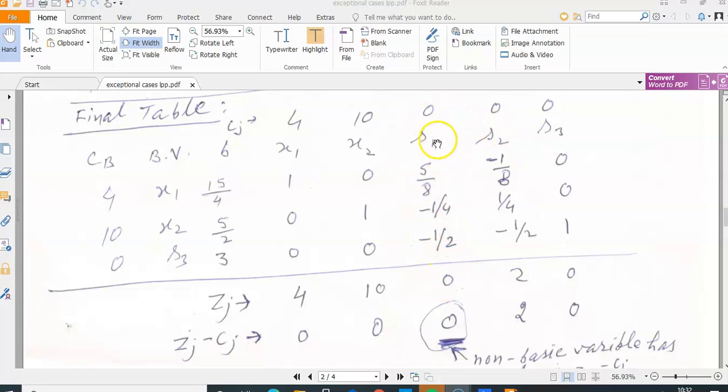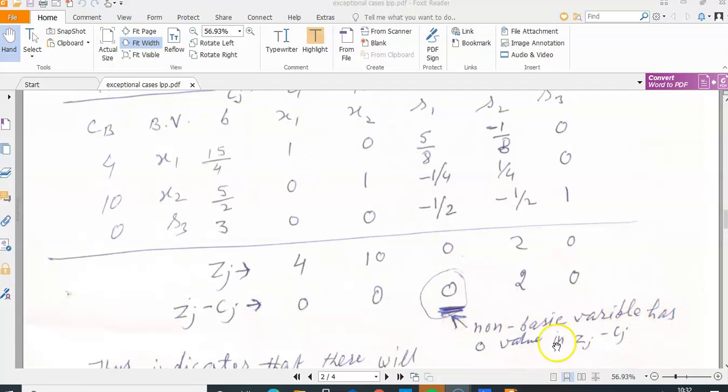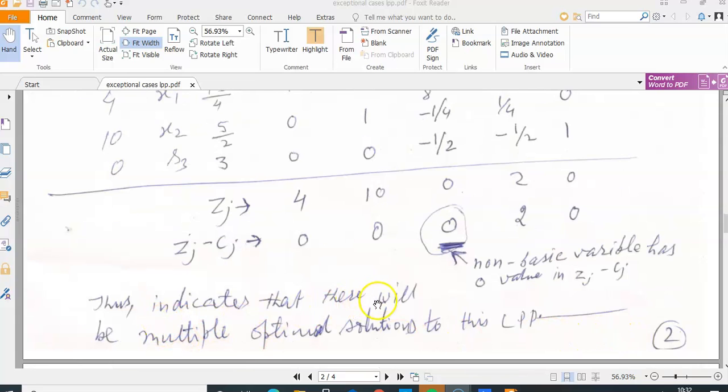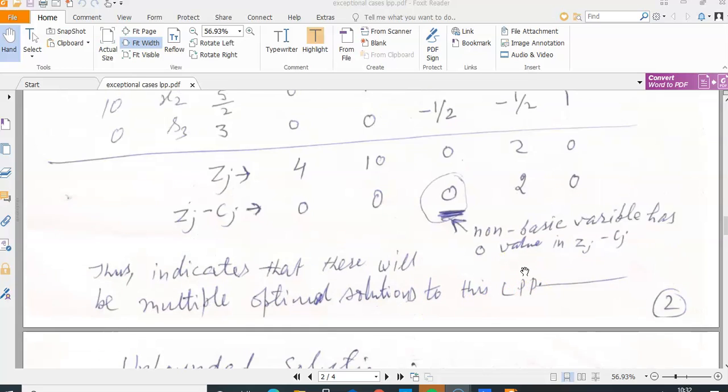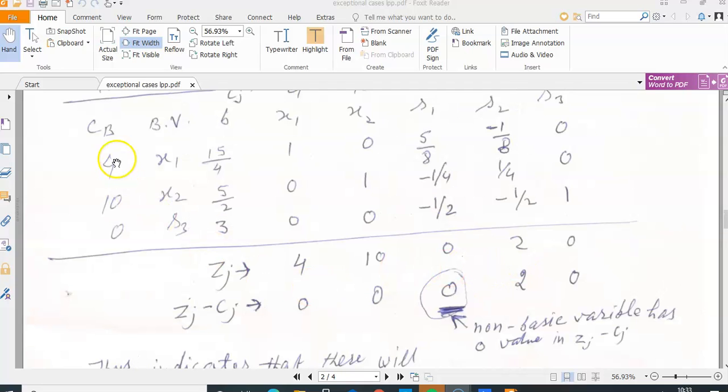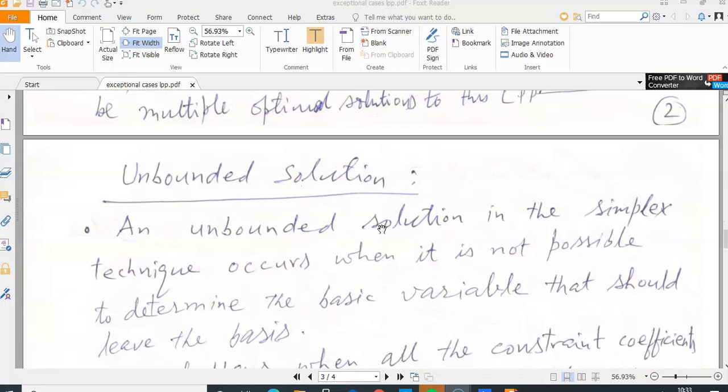Out of these, s1 has 0 value in the zj minus cj row. This indicates that there will be multiple optimal solutions to this LPP, or alternative optima. There could be another set of basic variables, and the objective function value will be the same. In fact, it has an infinite number of optimal solutions.